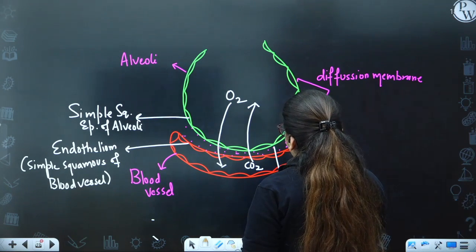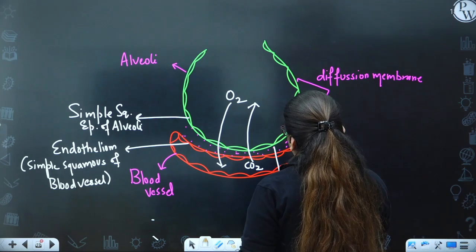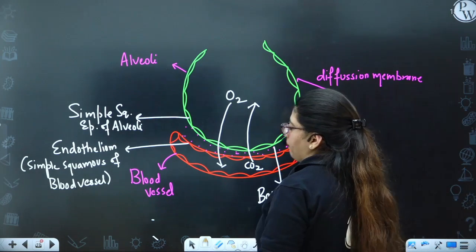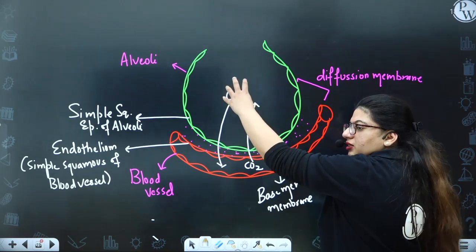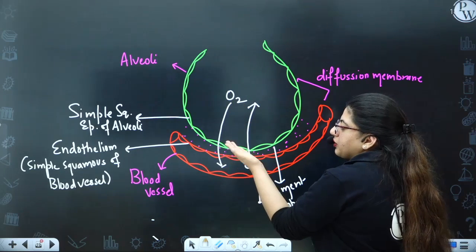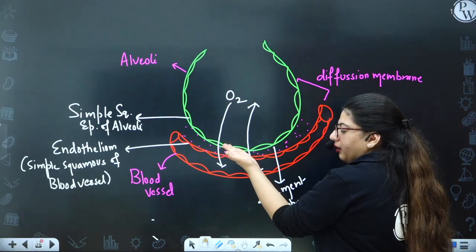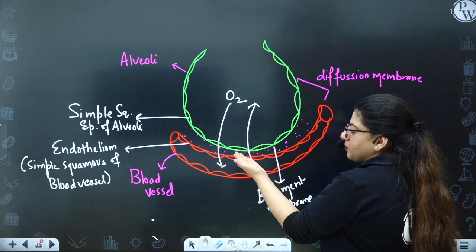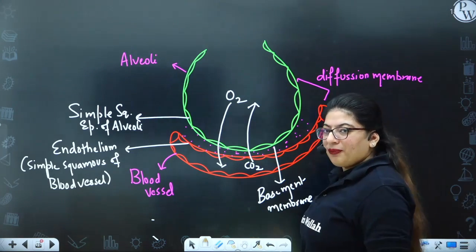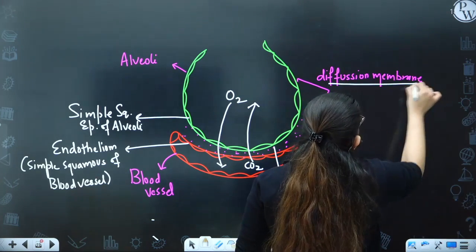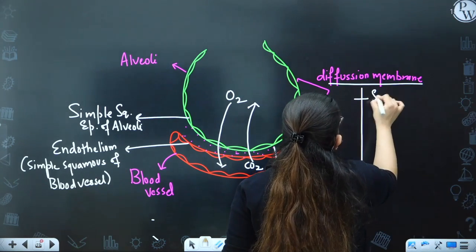So whenever gas has to move in or out, it has to pass through these membranes. If this is the external air, it has to enter the blood. First it has to pass through the alveolar membrane, which is a simple squamous, then the basement membrane, then the endothelium of your blood vessel. So what are these 3 layers which form the diffusion membrane?